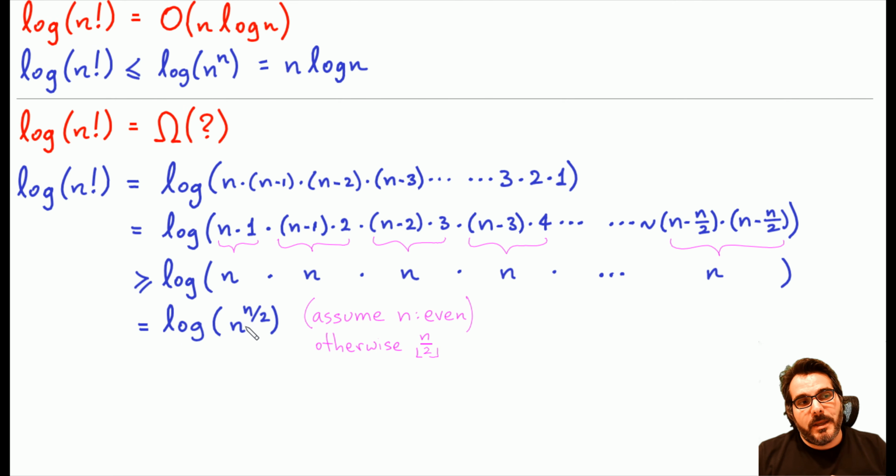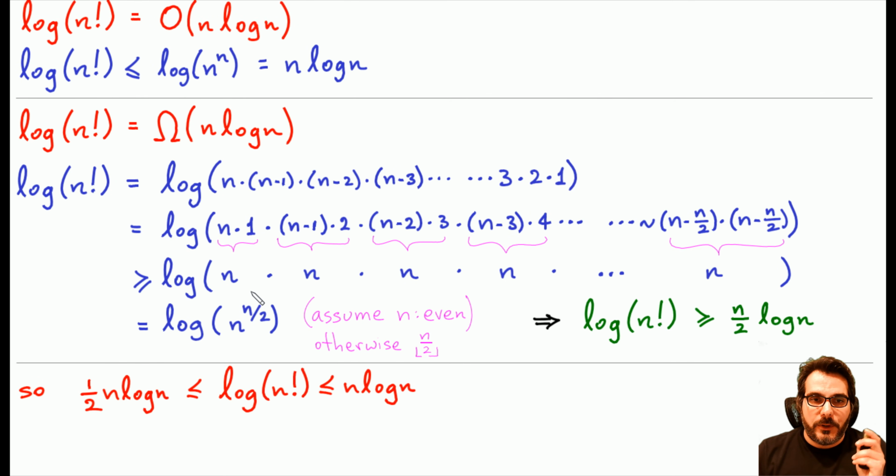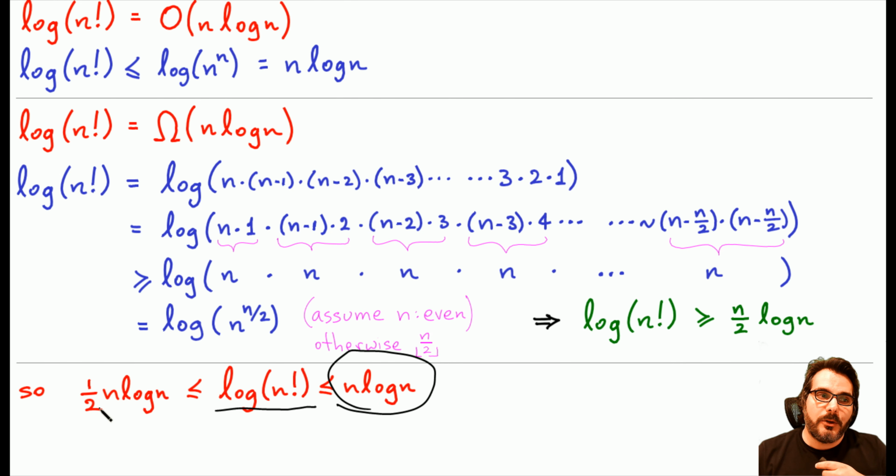So log of n to the power n over 2 is basically, this is the exponential, so the exponent comes down, and log n factorial is greater than 1 over 2 n log n. So in the worst case scenario, for all comparison-based sorting algorithms, you're going to have n log n here, and you're going to have 1 over 2 n log n here.